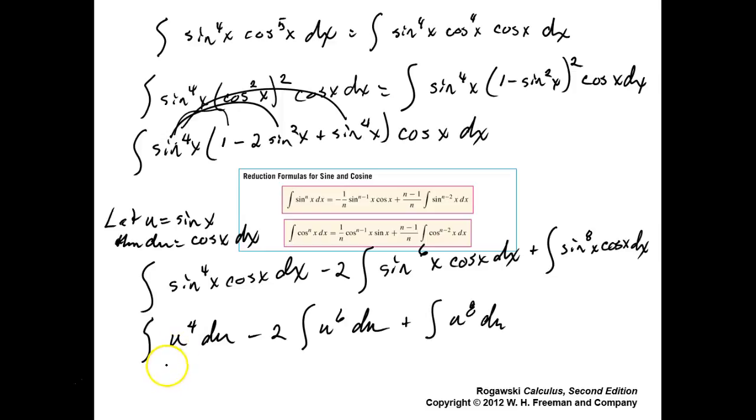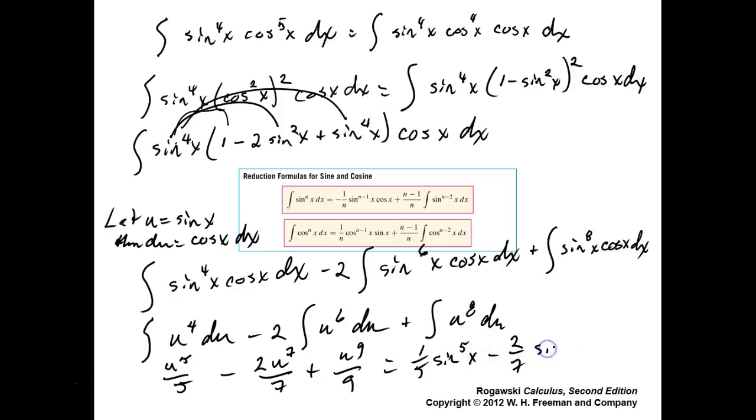This will be u to the 5th over 5 minus 2 u to the 7th over 7 plus u to the 9th over 9. And then you could plug back in what u is. I really should have done a plus c, but I'll do it at the end. That would be 1/5 sine to the 5th x minus 2/7 sine to the 7th x.